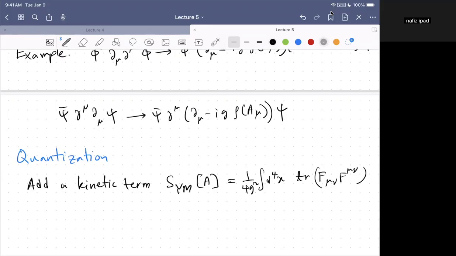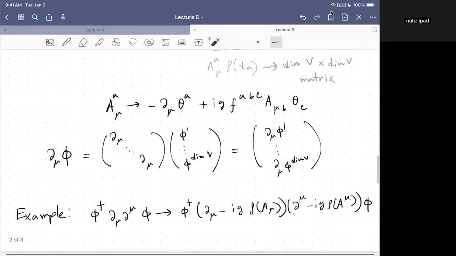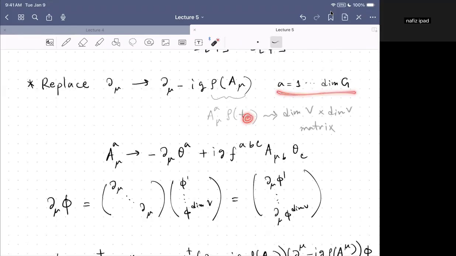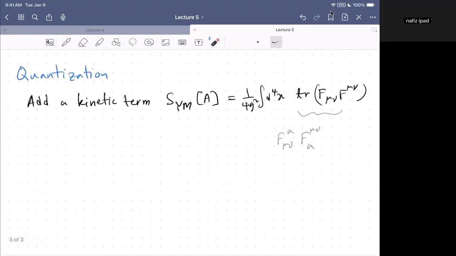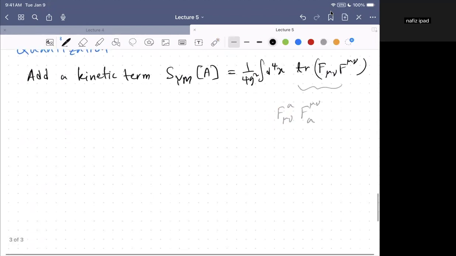And so remember that this trace means F_μν^A F^μν A, where again A is the index for the Lie algebra, the same index. And of course, this F is the curvature tensor or field strength tensor. Right. So you add a kinetic term and then you do the integration over your gauge field.